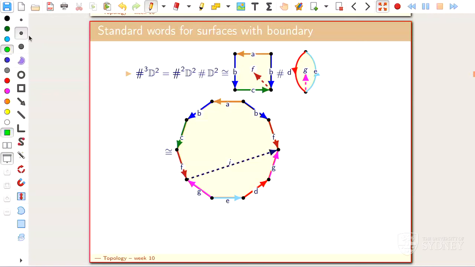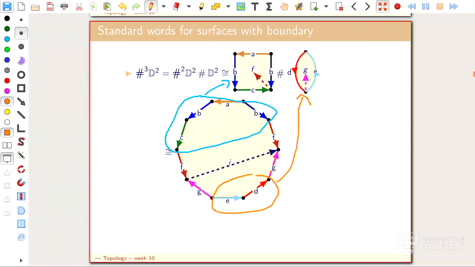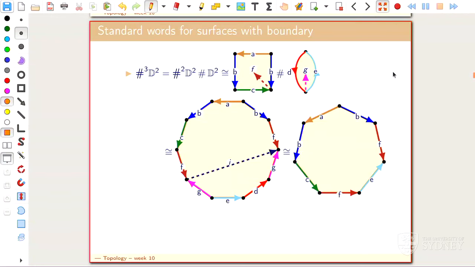I just put in some junk in the middle, and then you simplify in the same way by identifying everything together, and you get this type of pattern, which is really just an edge A.